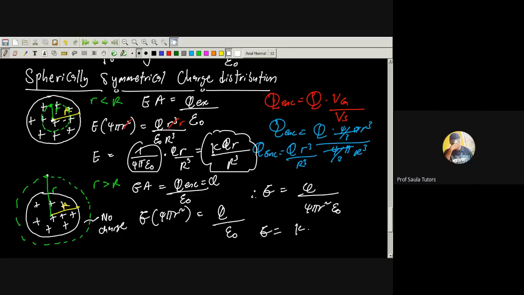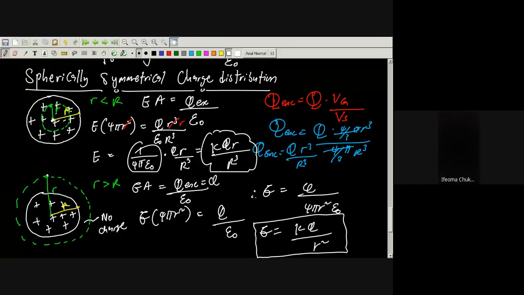That's K. So I have KQ divided by r square. Now, if you are to find the electric field at a point outside the Gaussian surface, your formula is E equals KQ over r square, where r is the radius of the Gaussian surface. But if you have to find the one inside the sphere, you make use of the formula from before.